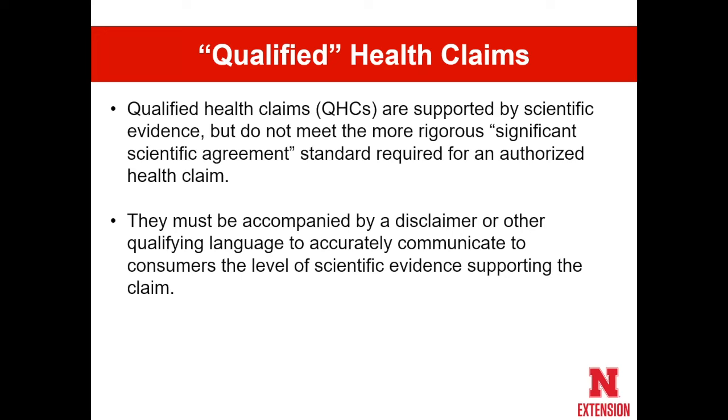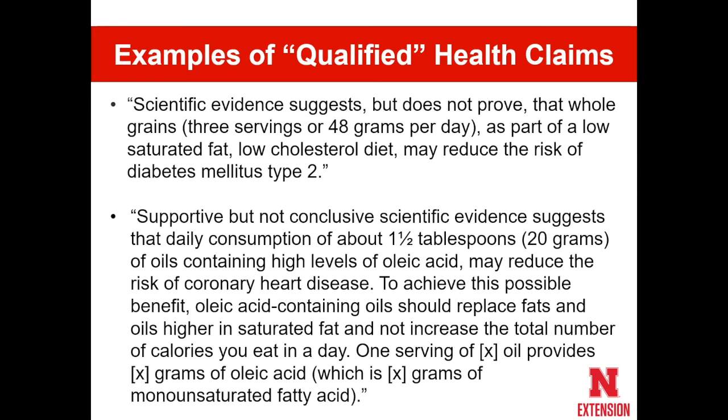If those are included on food labels, they also have to include a disclaimer saying that it's not up to the same level as the standard health claims on food labels. So examples are again on the slides.